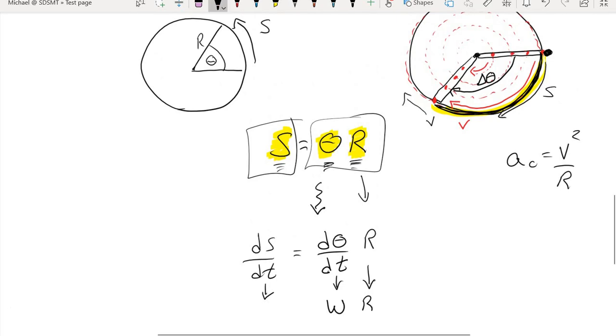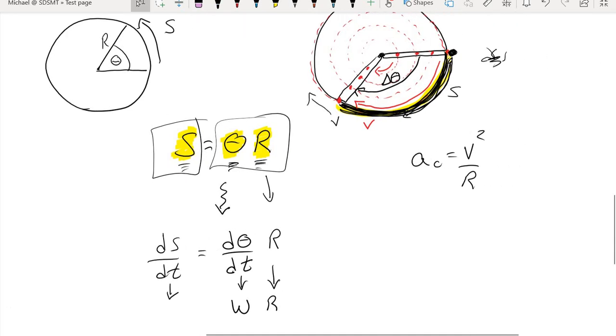S was the value that measured the displacement along the rim of our circle. Now we're asking the question, how fast do we pass through that displacement? In other words, what is the velocity at the rim of the circle?